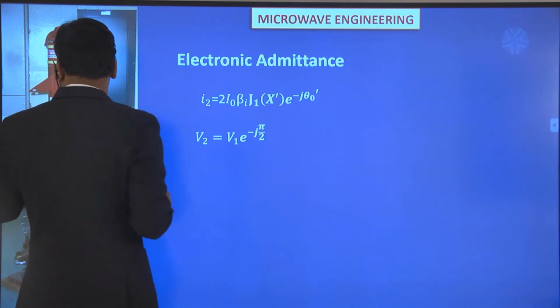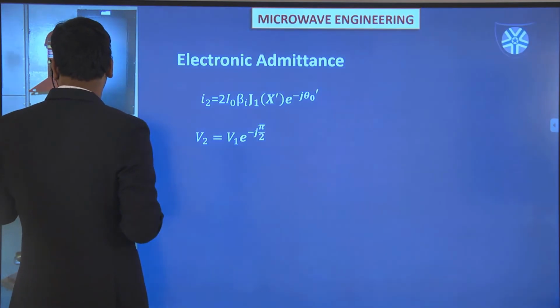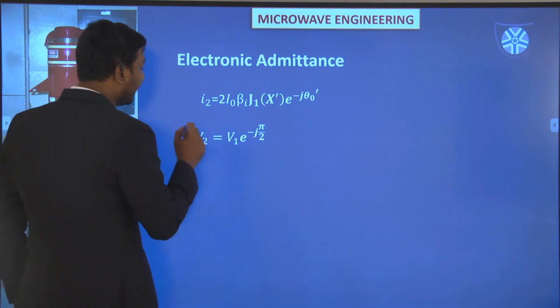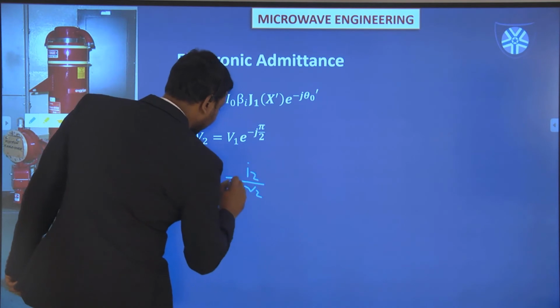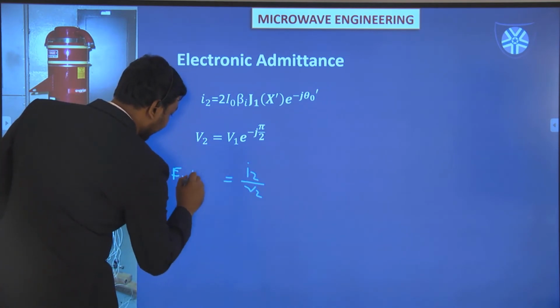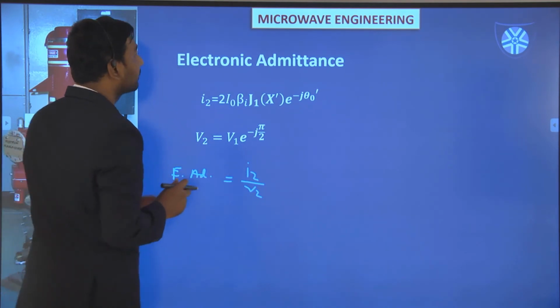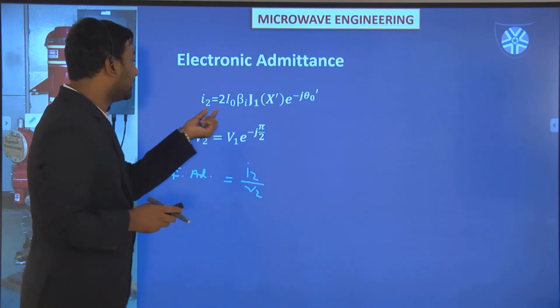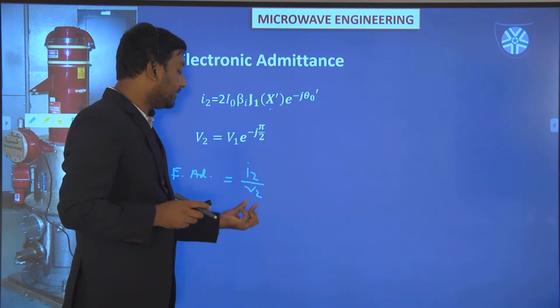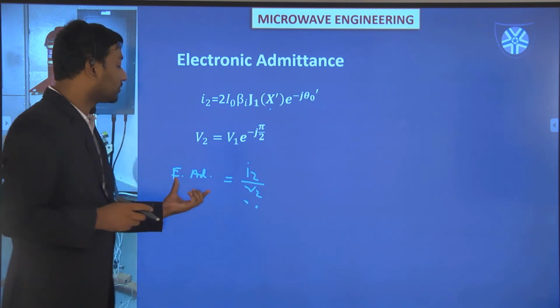So the admittance value will be I2 divided by V2. That is the electronic admittance of the reflex klystron oscillator. If we place the values in this equation, we will get the solution for the electronic admittance.